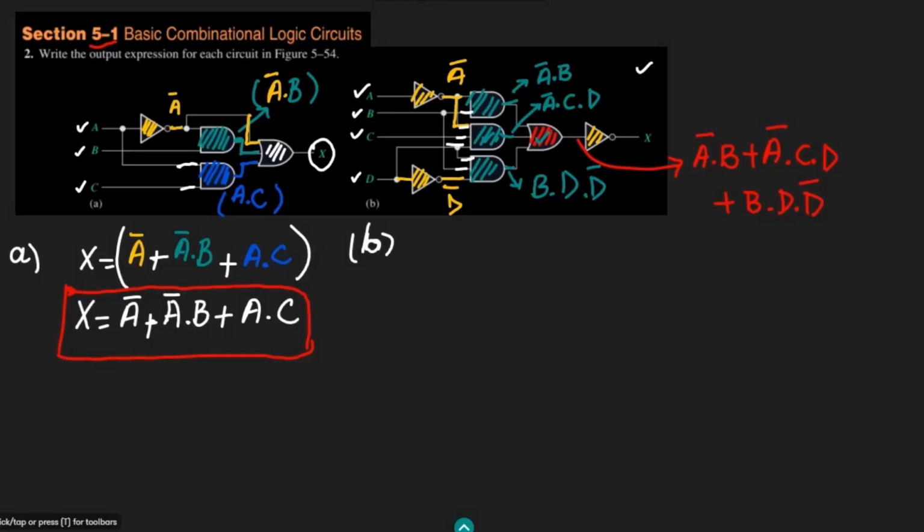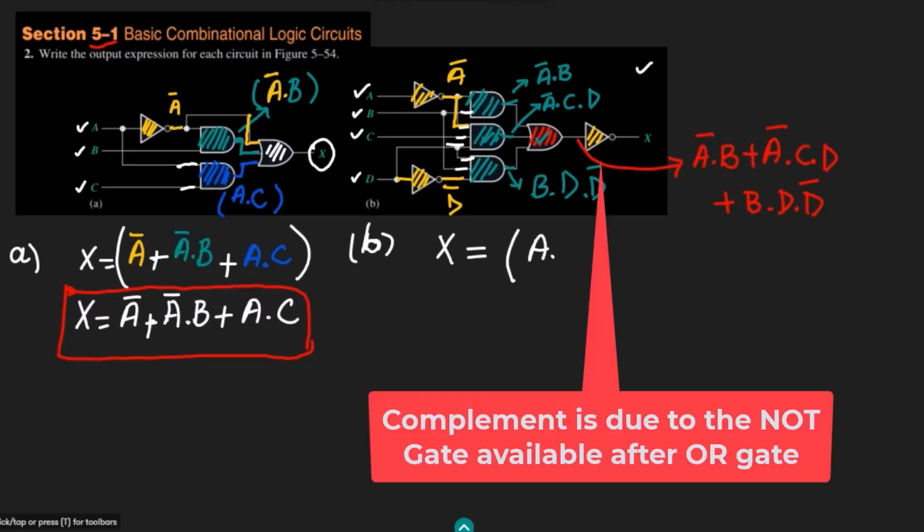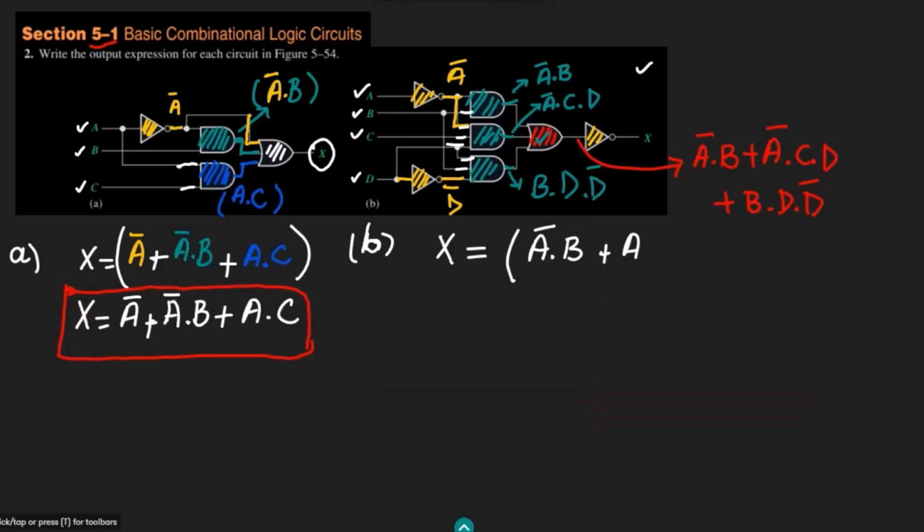So X will be the complement of A complement dot B plus A complement CD plus B D D complement, and that would be the whole complemented one.